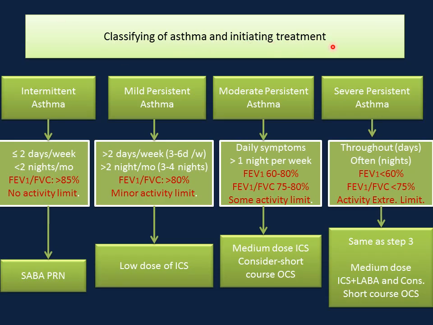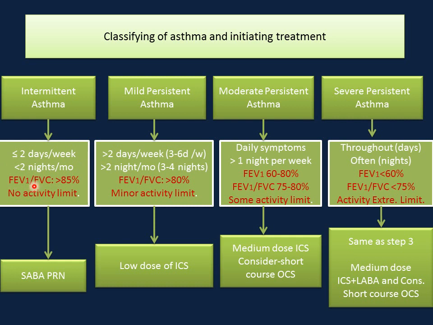Classification of asthma and initiating treatment. In this diagram, you will learn the different classes of asthma and the best treatment for each class. The first one is intermittent asthma. The child will have 2 days or less of symptoms per week, and less than 2 nights per month.